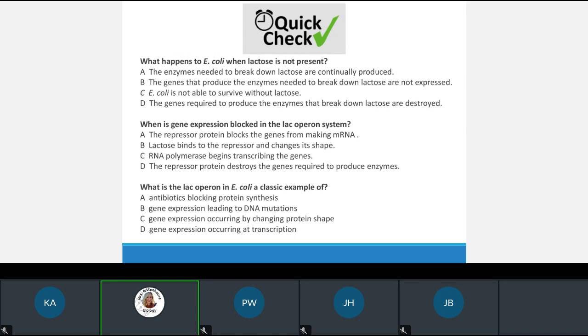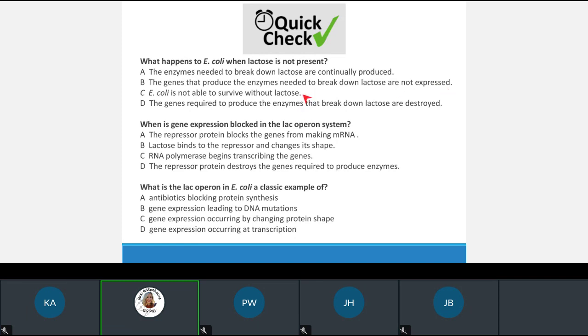You guys have so many good questions. All right, what happens to E. coli when lactose is not present? When it's not present, are the enzymes needed to break down lactose continually produced? The genes that produce enzymes needed to break down lactose are not expressed.